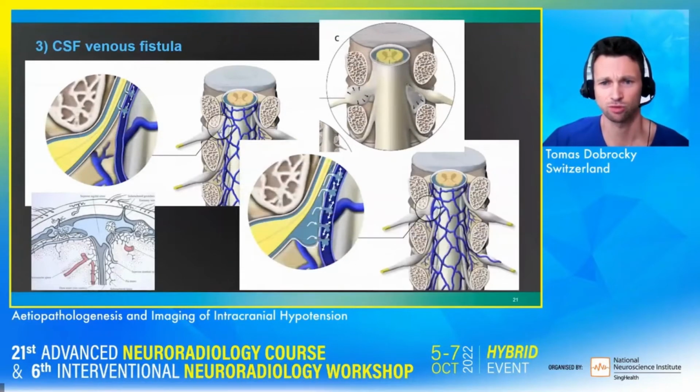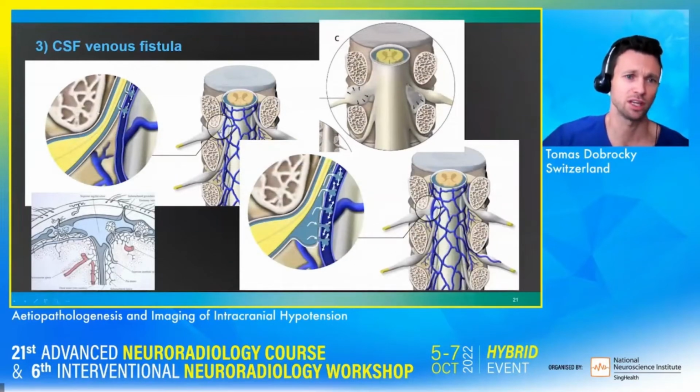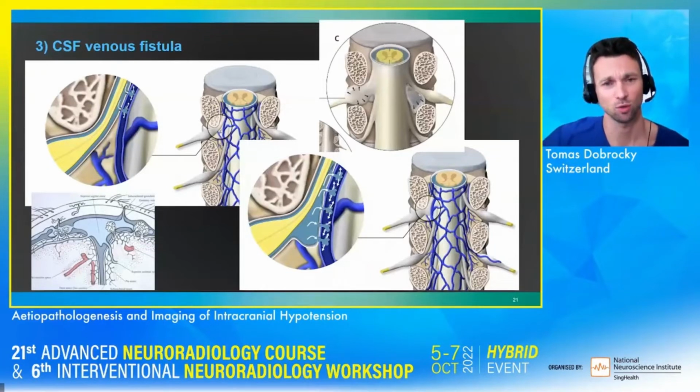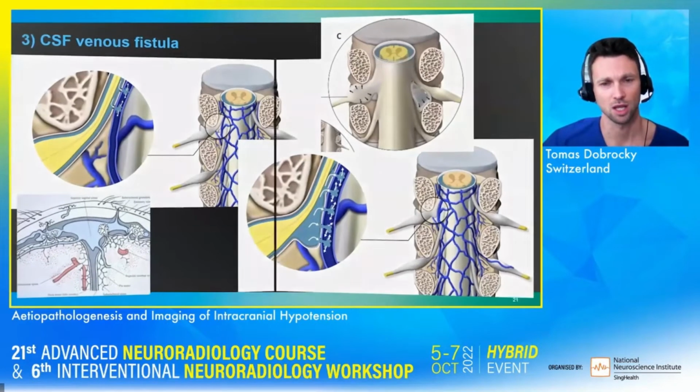It has not been demonstrated yet what it is, but if we consider this being the nerve root, then that's the nerve root cyst, normally there is a subtle resorption through the granulations. And for whatever reason, when there's a large cyst, there's increased resorption through those cysts and through those granulations. And why it occurs, why they rupture, we are not aware of that yet. But this is the postulated mechanism of how these CSF venous fistulas occur.